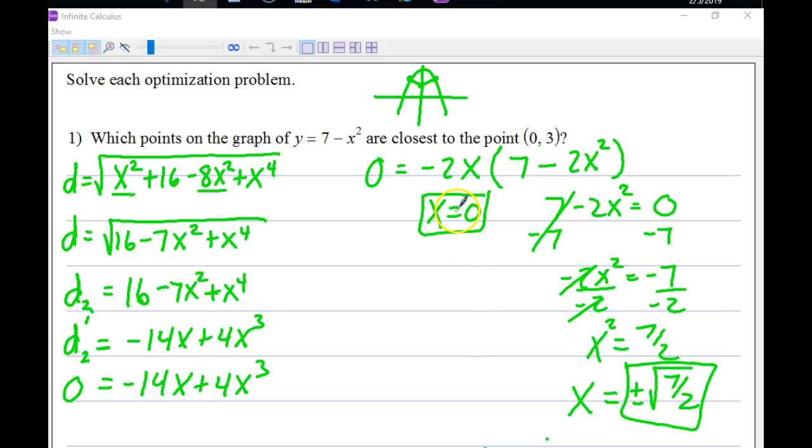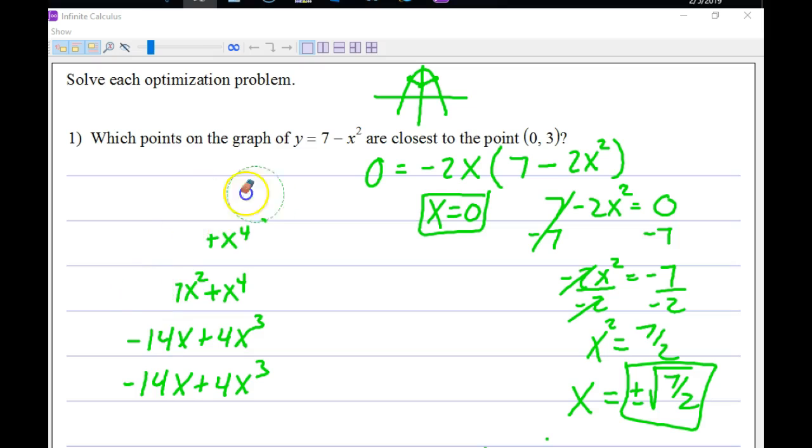This is another possibility, but it could be equally far away, and so we actually have 3 points that are minimized. Or it could be that this is one that's maximally far away from the graph, although I highly doubt that because I think the graph just gets longer and longer. But we'll find out. Let's go ahead and see what they are.